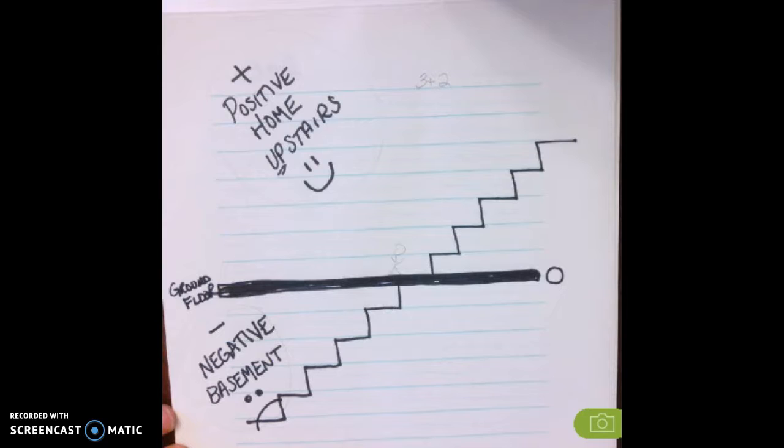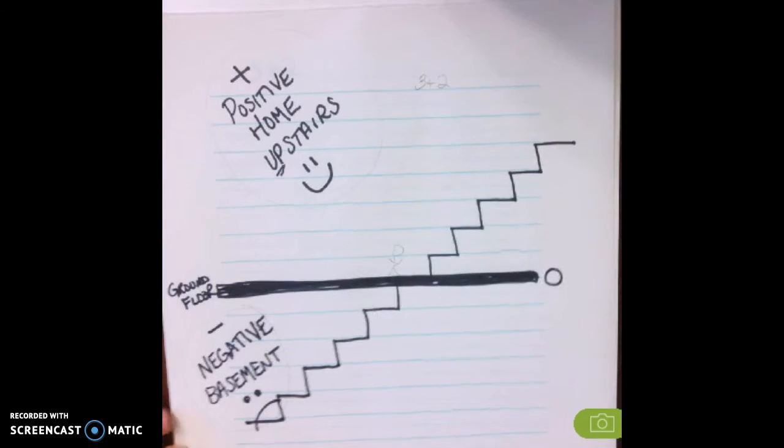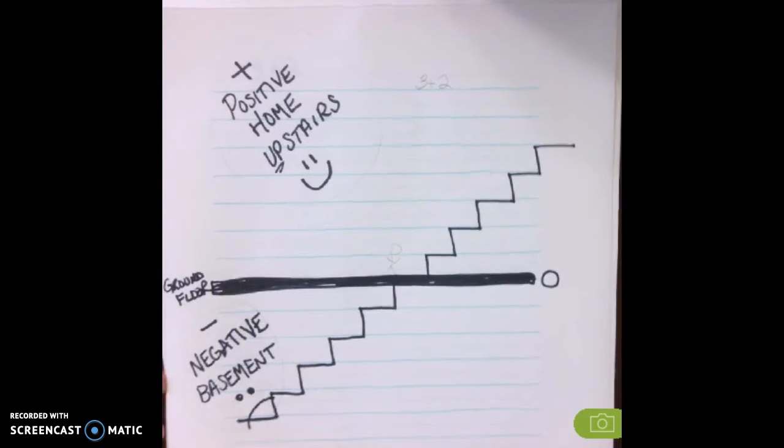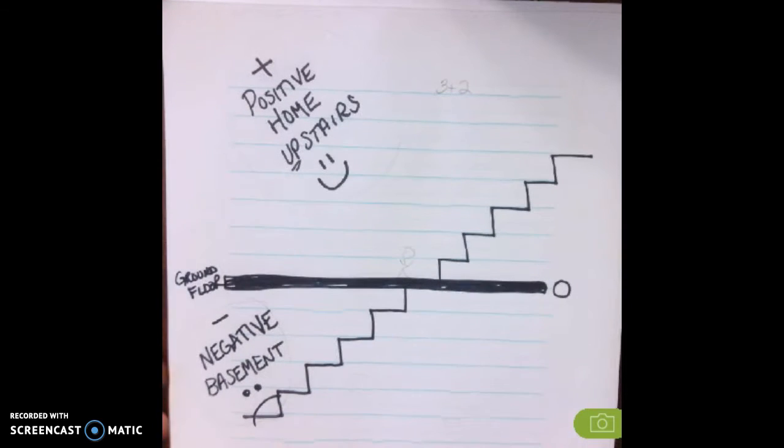That's the negative basement. Now, I'm sure your basement is wonderful, but when I was growing up, my basement had the scary furnace, and it was kind of damp, and it was always dark, and it always had that one ominous flickering light. So regardless of how wonderful your basement is, I want you to think of the basement, not yours, as a negative place.